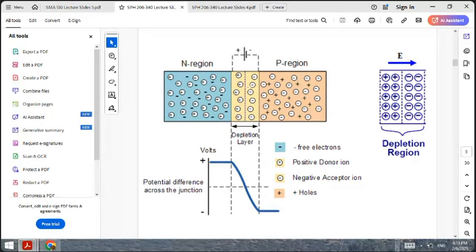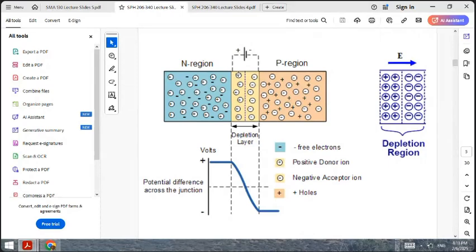So around the junction, we remain with ions, and ions cannot move. We say this region does not have charge carriers, and that's the reason we call it depletion.